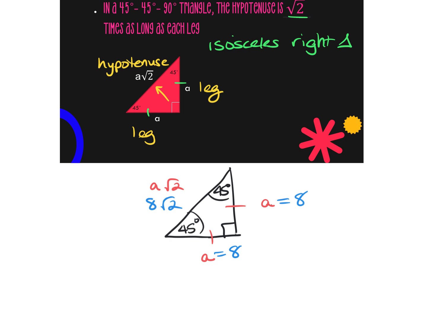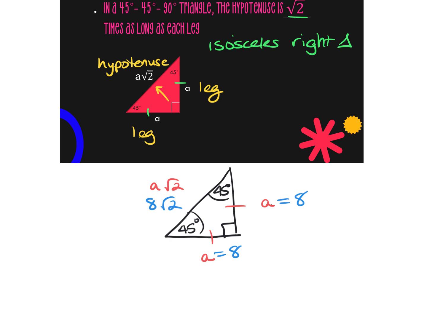The next one we're going to cover is 30-60-90. It'll be 3 different angles, 3 different side lengths, so it's going to get the square root of 3. Whatever trick helps you to remember, you need to memorize the relationship of the sides.